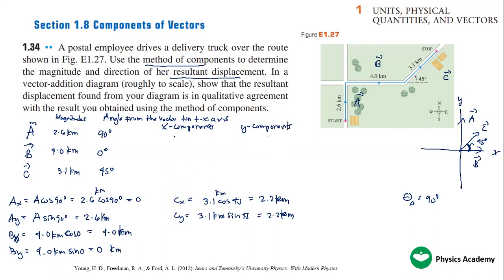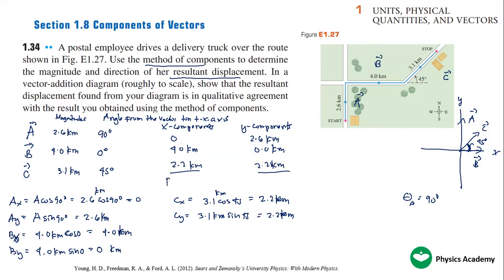So for A, we have 0 for the x component and 2.6 kilometers for the y component. For B, we have 4.0 kilometers and 0.0 kilometers. And for C, we have 2.2 kilometers and 2.2 kilometers.